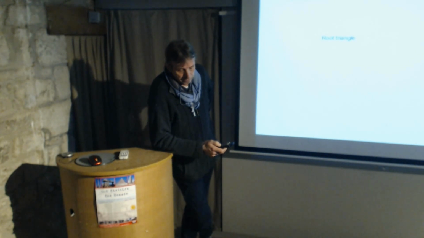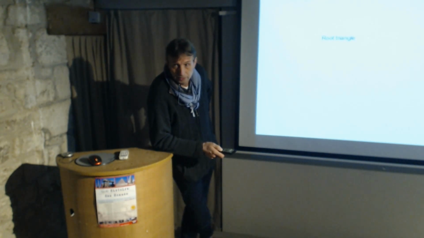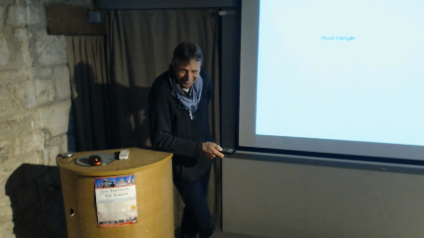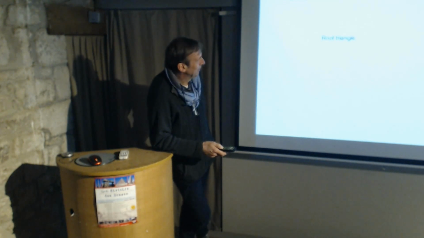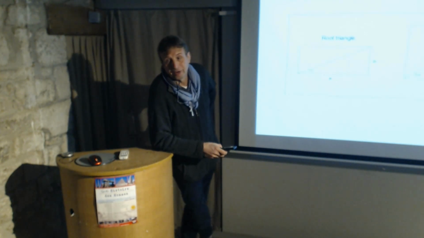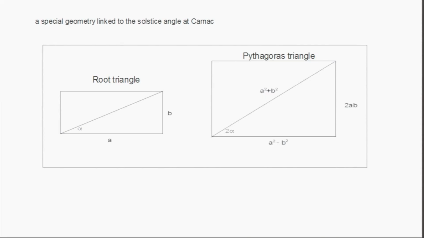And they said, well, it's never been formulated like that, but of course we could have known about it, which is an interesting way of putting things. What I'm going to show you now, apparently, has never really been formulated like this as far as mathematics is concerned. So basically, we have a root triangle, what I call a root triangle, which has two values, A and B, which are any whole positive numbers.